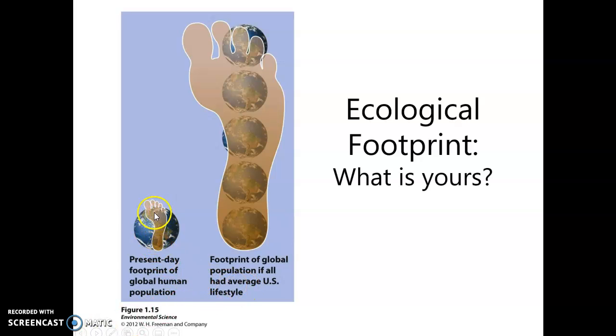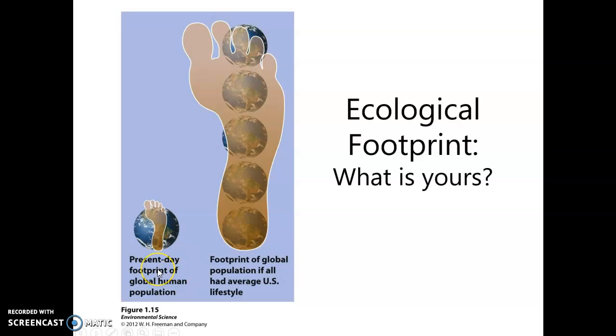So an ecological footprint, if everyone lived on Earth the same way you did, would it take one Earth to provide all of your resource needs? Would it take half an Earth to provide all of your resource needs? Or would it take more than one Earth to support your current resource use?